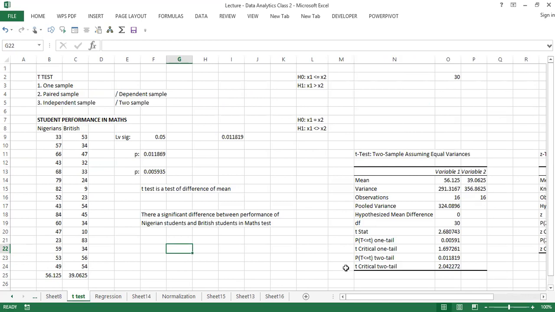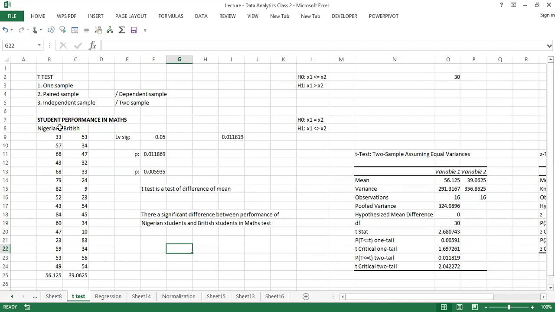Are you sure? It wasn't 0.16. It was higher than 0.05. Really? Yes, it was higher.